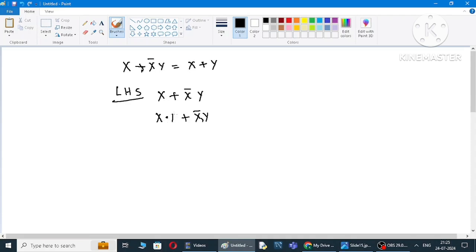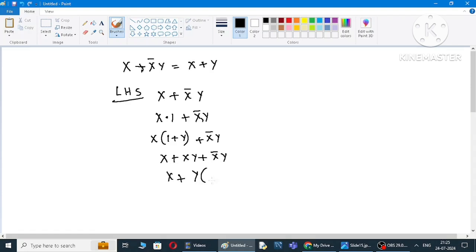Next, this 1 can be written as 1 plus y. Right? Again the reverse method. Instead of reducing, I am first expanding. Right? Now cross multiply this. X into 1 plus y will become x into x plus y plus x bar y. Now here you have a common term. Right? So take that common term outside.